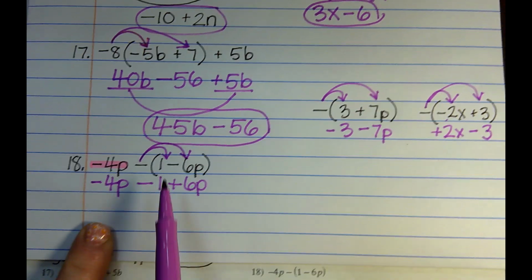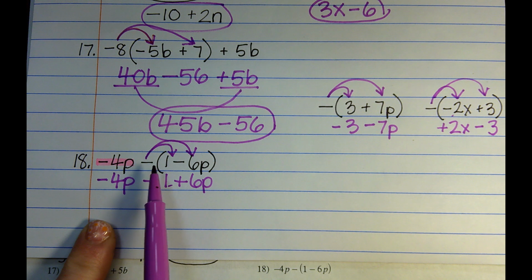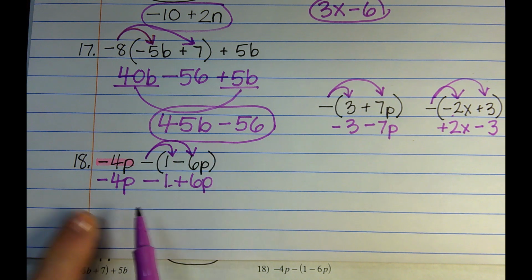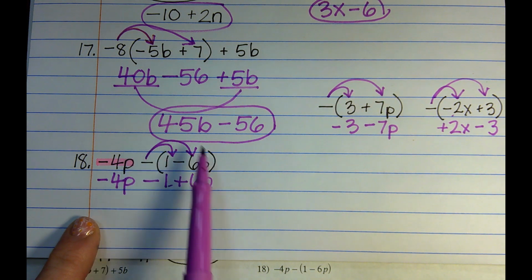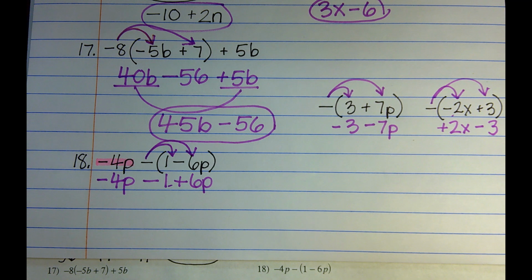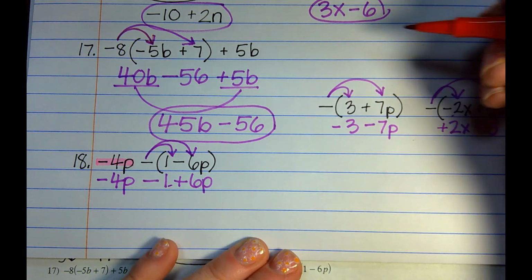So anytime you see a minus sign or a negative sign outside of parentheses, you just change the sign of everything inside. Let's make a note of that, okay? So I'm going to label this note as distributing a negative.